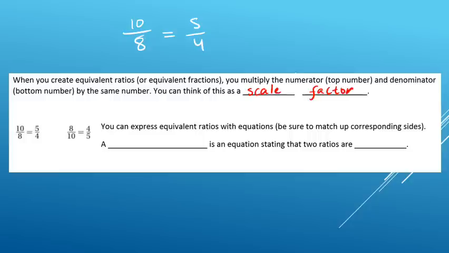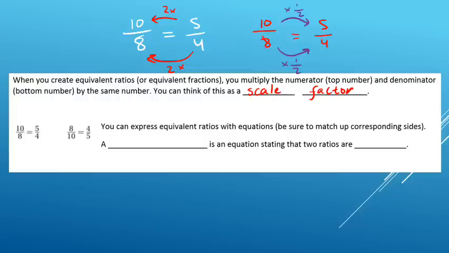For example, I could say that 5 times 2 would make 10, and 4 times 2 would make 8. However, I could also go the other way. So 10 over 8, 5 over 4. I could say 10 times a half is 5, and 8 times a half is 4.